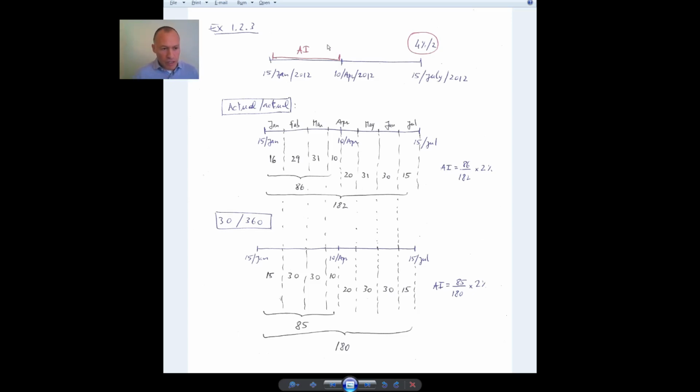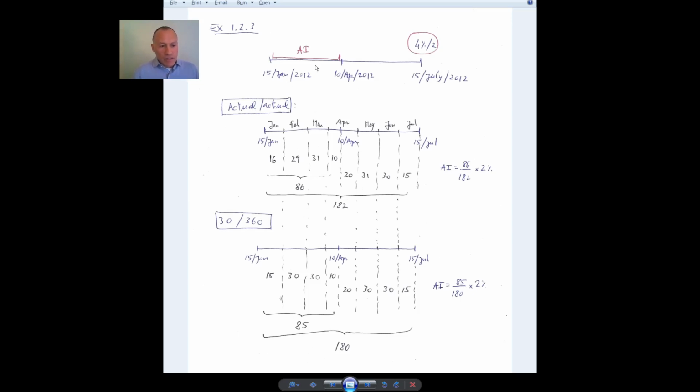So again, the point is, how do I compute this fraction of time here relative to this whole coupon period, all right? Again, there are different alternatives. Let's look at two alternatives. One is actual over actual, meaning I look at the actual calendar for this period, right?